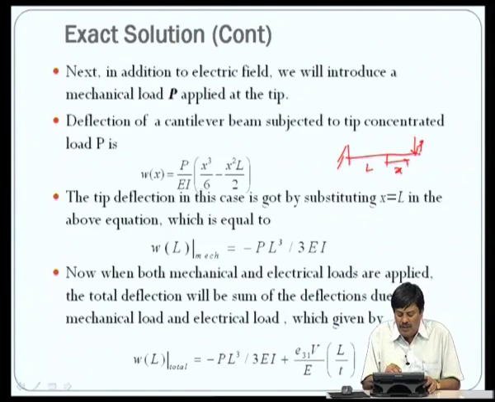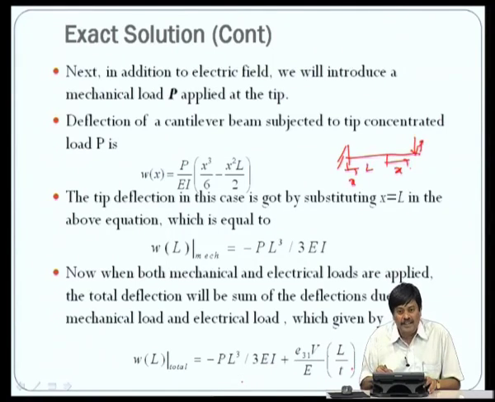When x equal to L, we get the deflection as PL cube by 3 EI. Now the total deflection at the tip is due to the mechanical load, which is PL cube by 3 EI, and due to the electrical load.